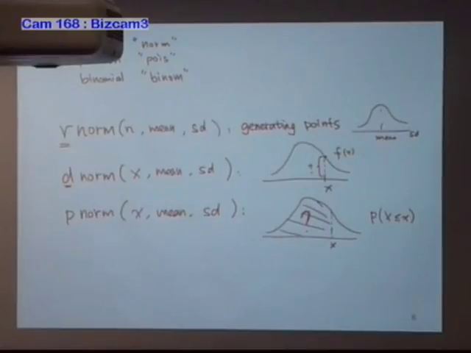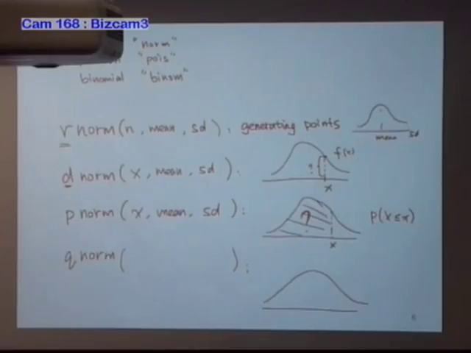What else? There's a q norm. That's it, only 4. The q norm is the inverse of p norm. P norm is saying, you tell me the cutoff, I'll calculate the area. Q norm says, you tell me the area, I'll find the cutoff for you.